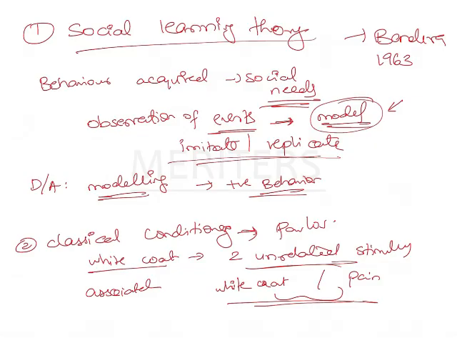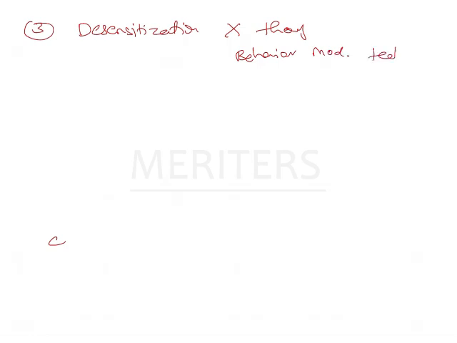Now desensitization is not a theory per se, it is a behavior modification technique. Here the child is already fearful. He has some preconceived notion, or he may have had a bad experience before.